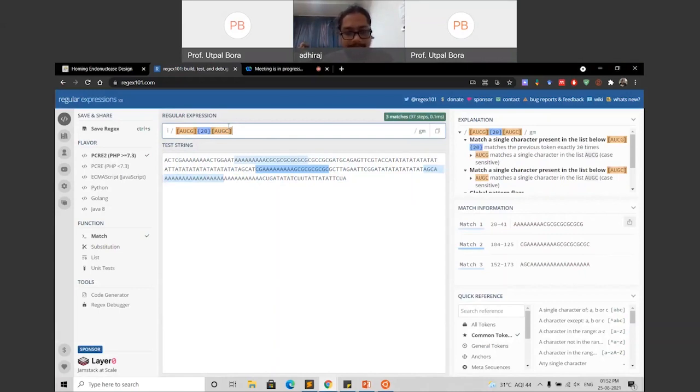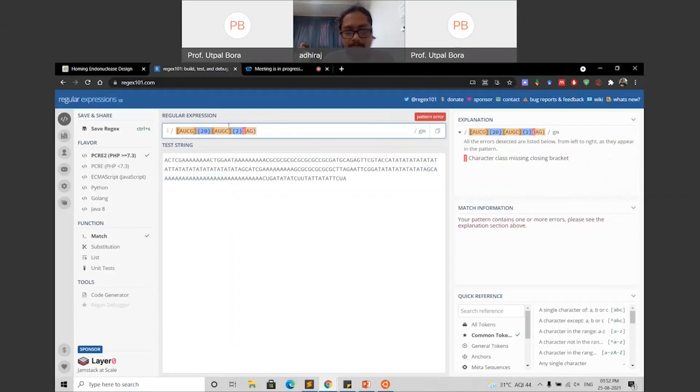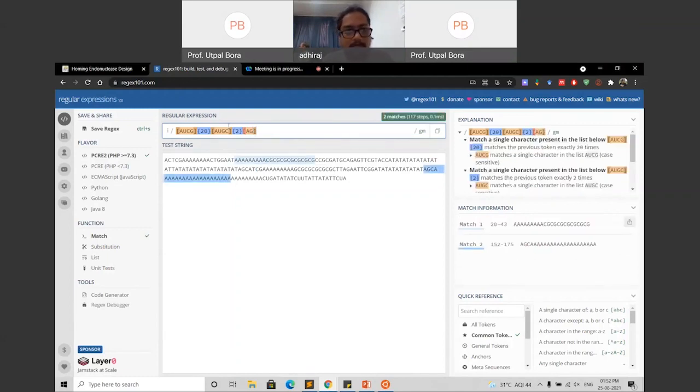R is A or G, A or G, R. So this is the solution for getting this nucleotide sequence.